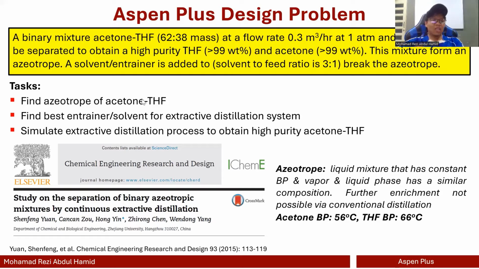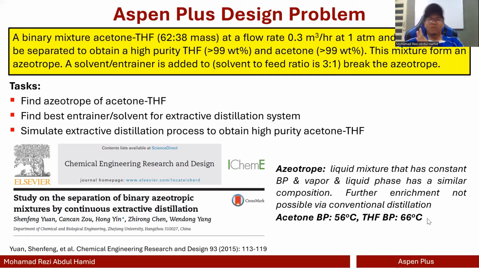The second task is to find the best entrainer or solvent for our extractive distillation system. And lastly, we're going to create our flowsheet setup to simulate our process and hope to get a high purity product. Just FYI, acetone boiling point is 56 degrees Celsius, and THF boiling point is 66 degrees Celsius.